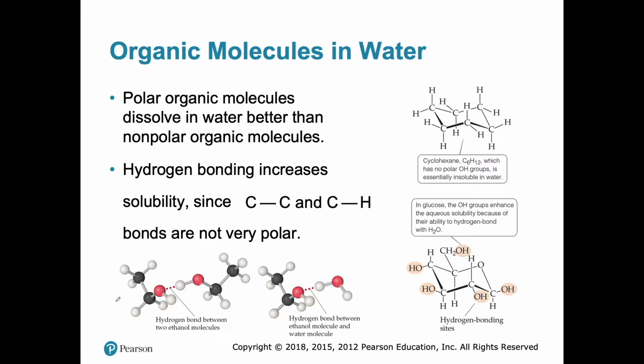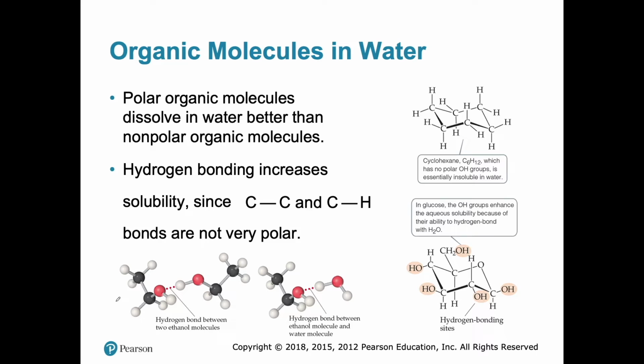Since it's missing those kinds of things, it's not going to be very soluble in water. It's actually not soluble in water at all, because there's not going to be any hydrogen bonding between the water and those CH groups. So for something to be soluble in water, you have to be able to do some hydrogen bonding with the water, right?